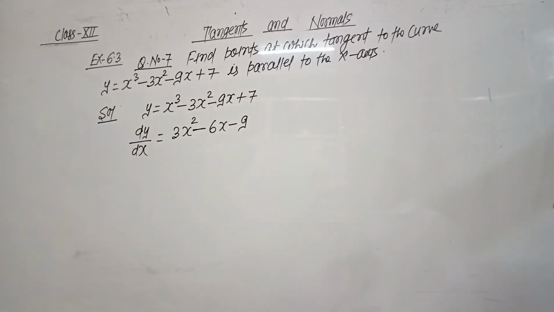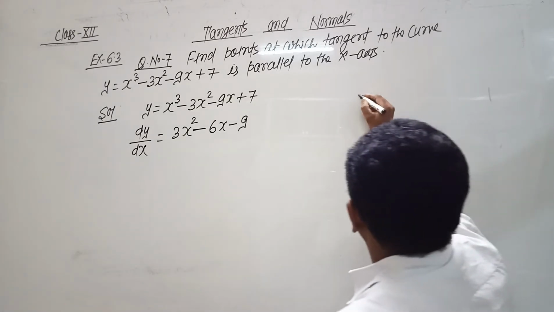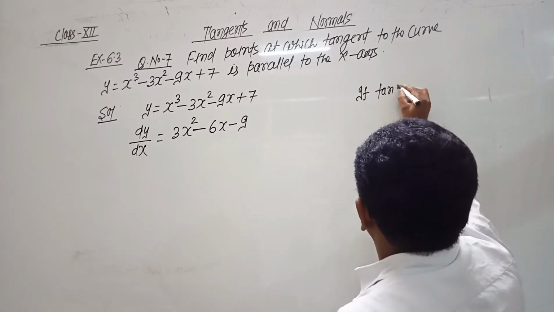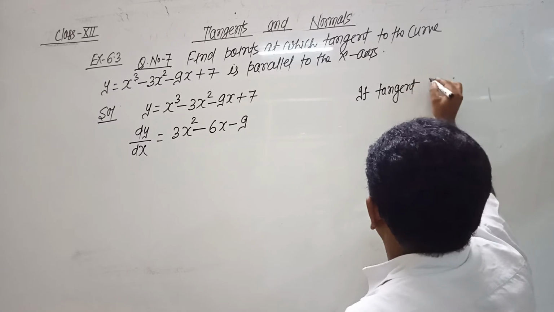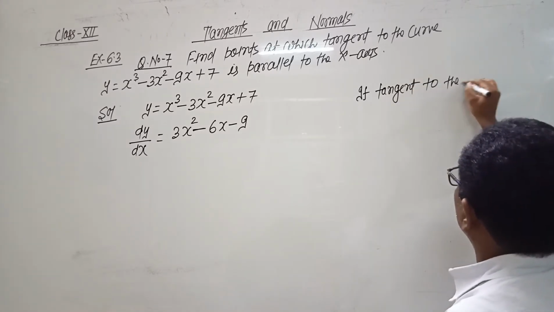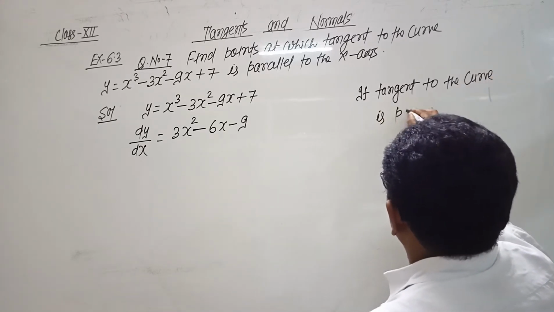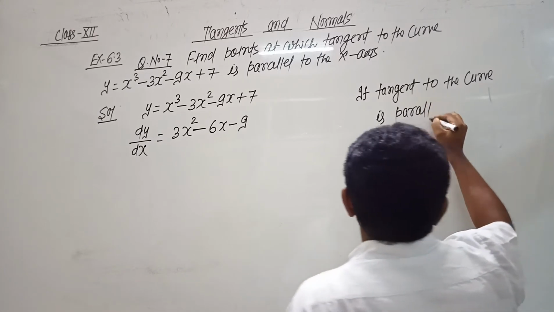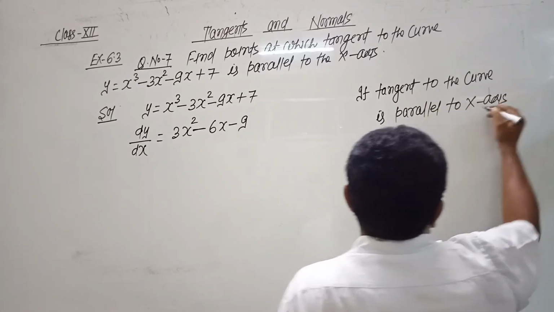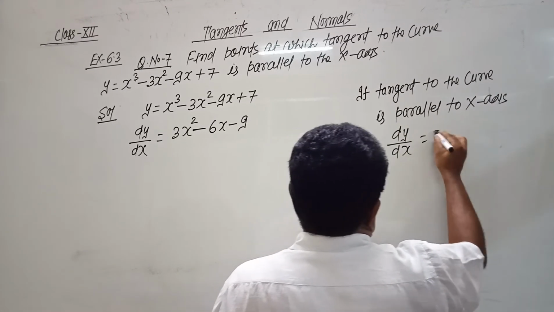There is a formula: if the tangent to the curve is parallel to the x-axis, then dy by dx equals 0.